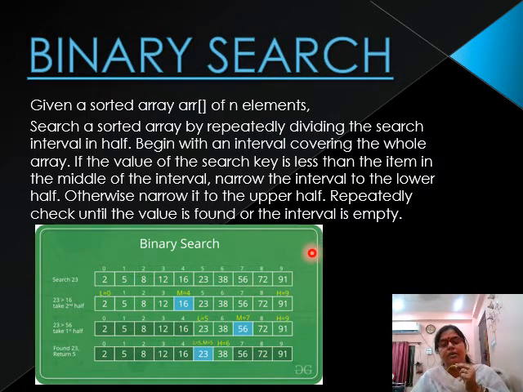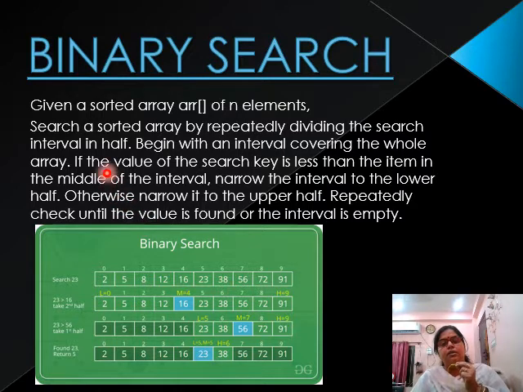See here, all the elements in the array are sorted in ascending order, from low to high, from small to big. In binary search, always pay attention that your array elements are in sorted form.